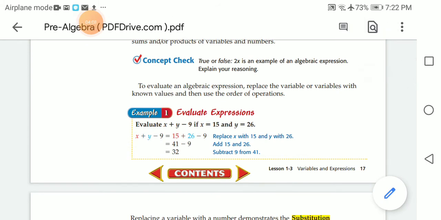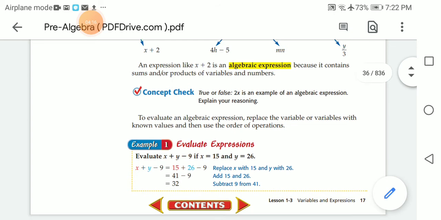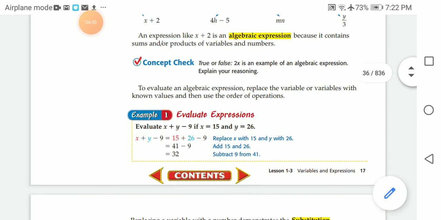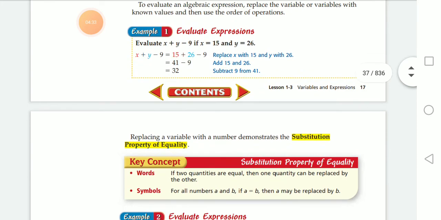True or false: 2x is an example of an algebraic expression. Explain your reasoning. It is an algebraic expression because it contains a product of a variable and a number, as 2 times x.